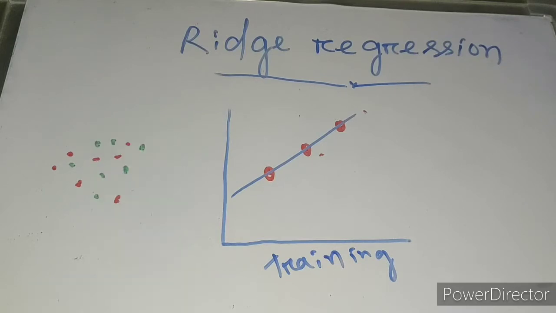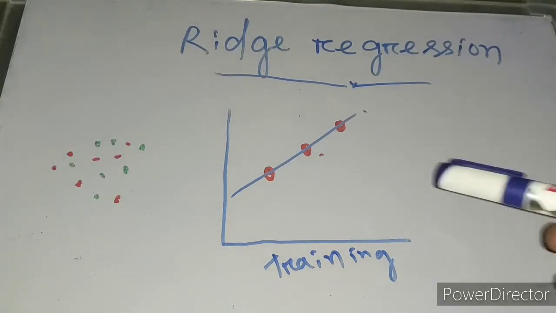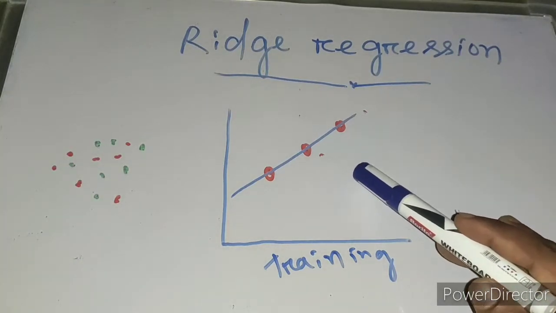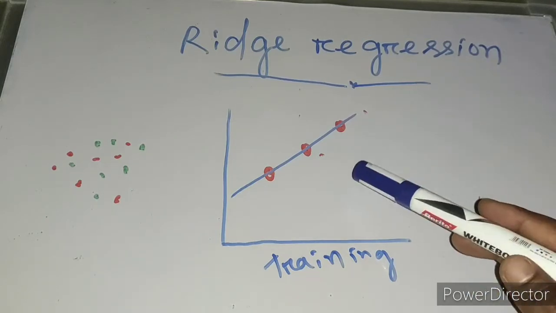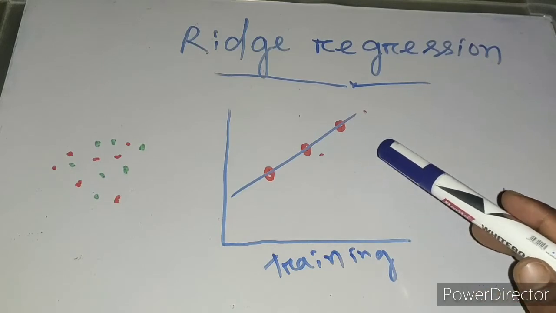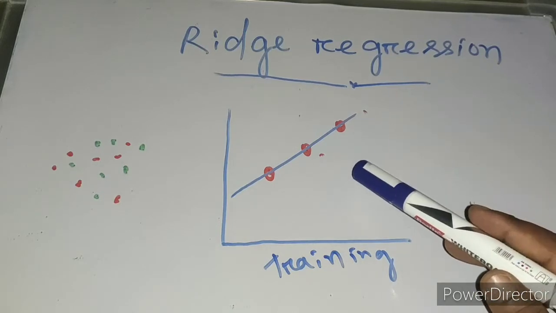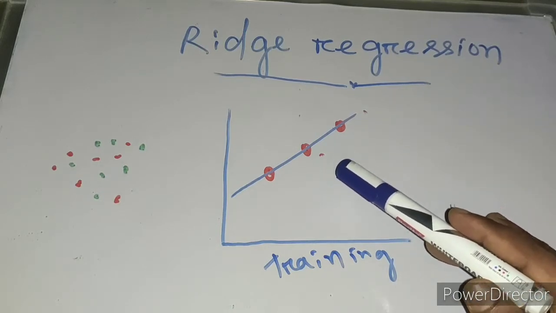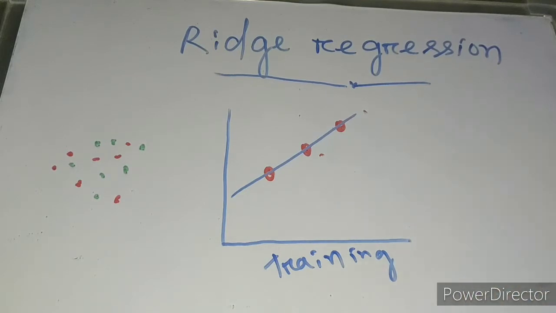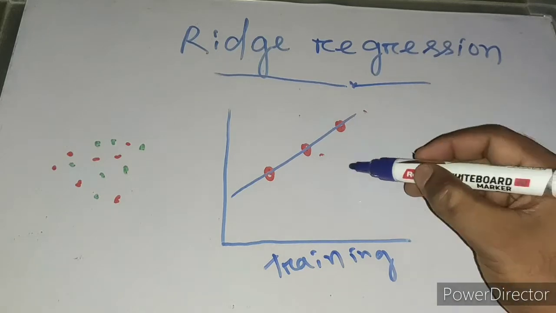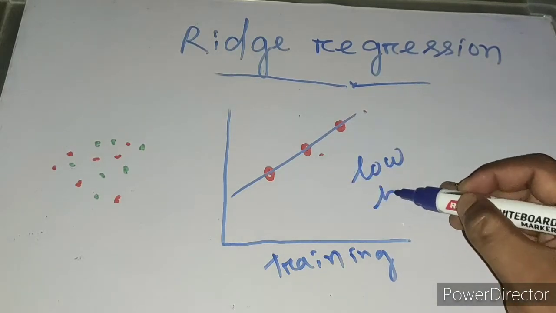As we can see on the screen, data is split into a training set and a testing set. In the training set, represented with red dots, when the best fit line is applied and the model is applied, it gives us the correct line, our best fit line, and it shows low bias.